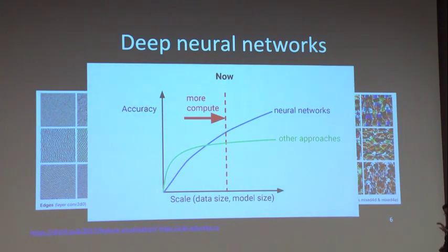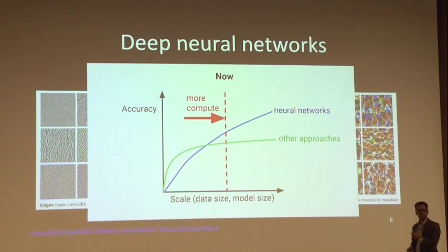Whatever I said is not new, even though these are state-of-the-art. The methods existed from the 1980s. So what has changed is the following. In the graph, the x-axis is the scale, starting from data size and model size, bigger models, and the y-axis is the accuracy. Neural nets are shown in blue, and green is other approaches.